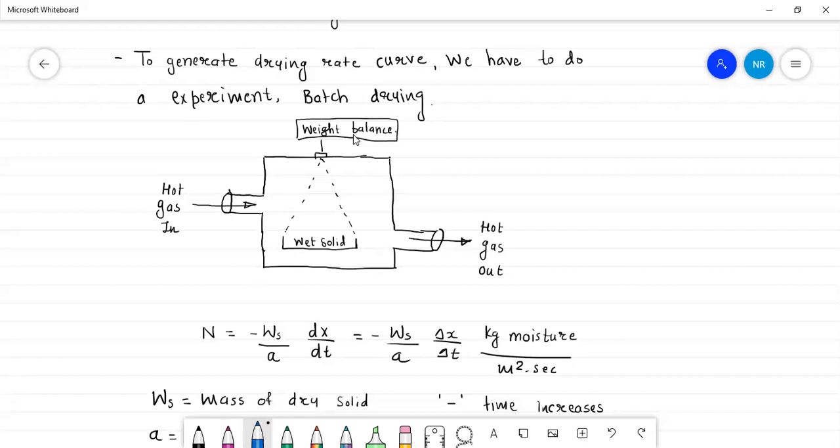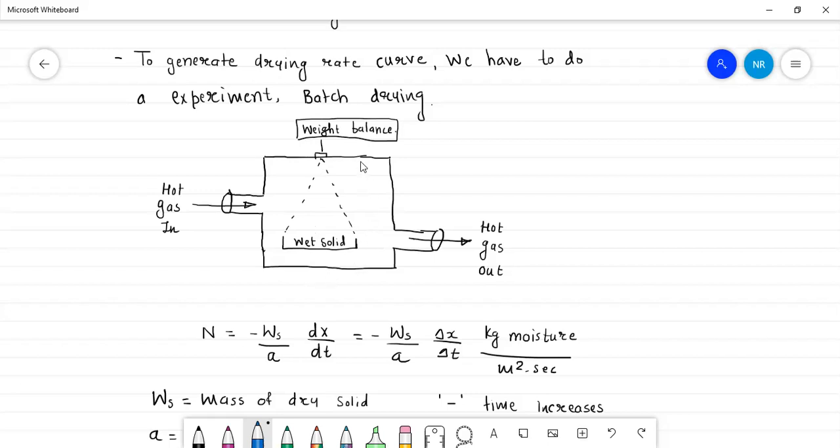Now again we take out the hot gas, and we check how much drying has taken place, how much moisture content remains. If we are still able to decrease the moisture content, then again we take hot gas in for some time and see whether the moisture is decreasing or not.